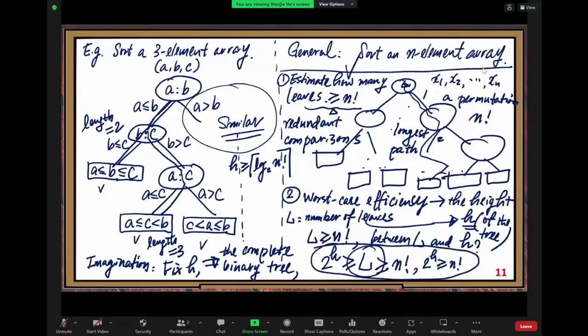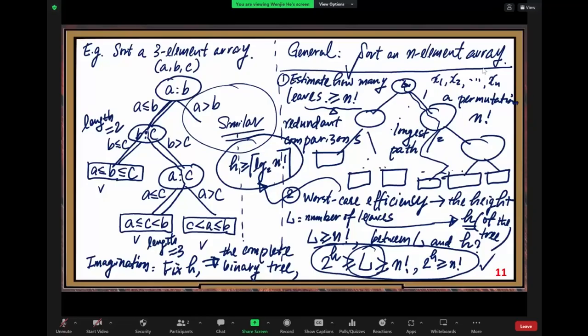If you use the floor function, you cannot guarantee it. So for that reason, our best estimate for the worst case is the ceiling function of log base 2 of n factorial.